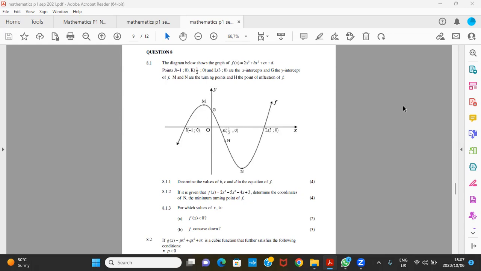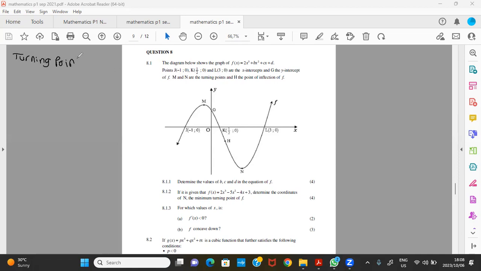Before we jump into answering, I just want to hear from you guys, to see your knowledge. When they say turning point, what is it that you know about turning points? We looked at them even yesterday.